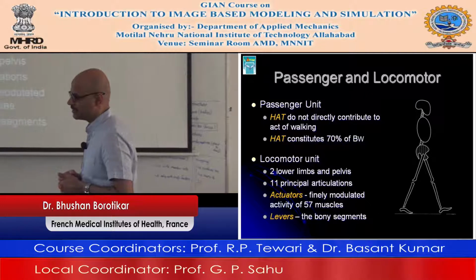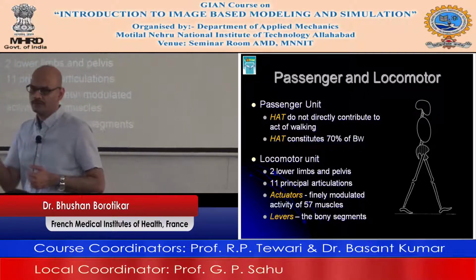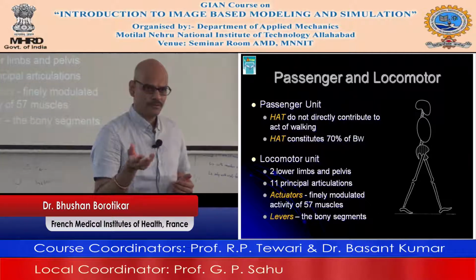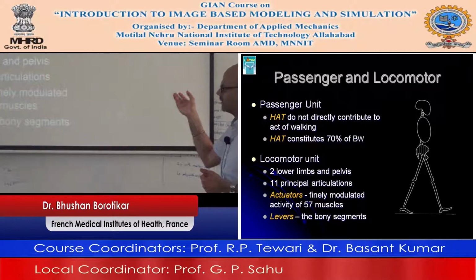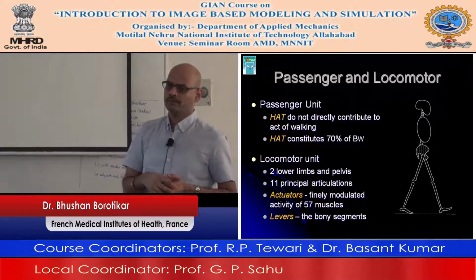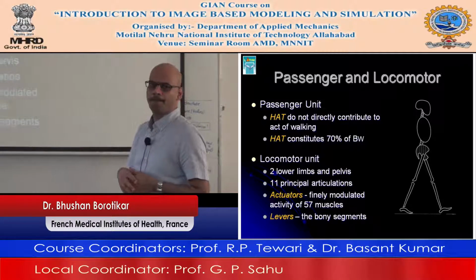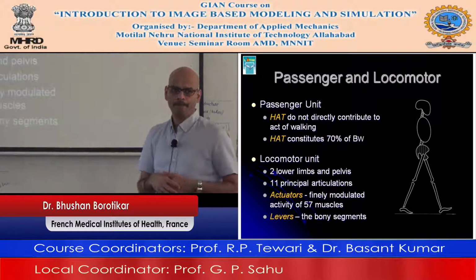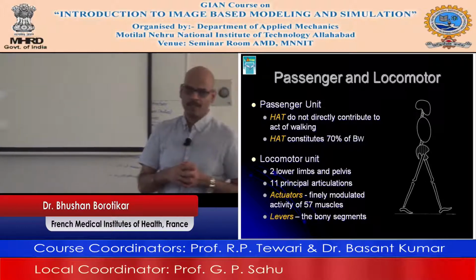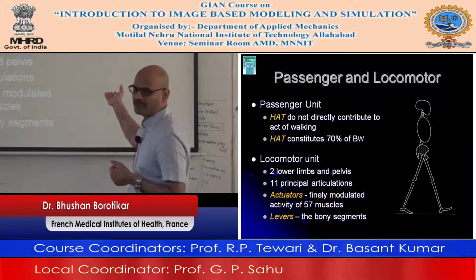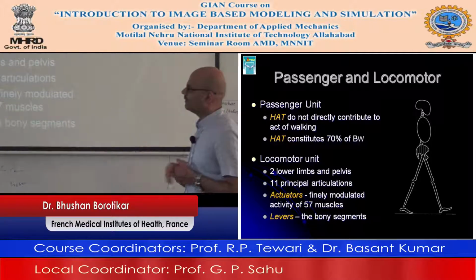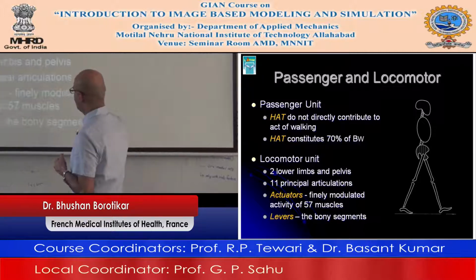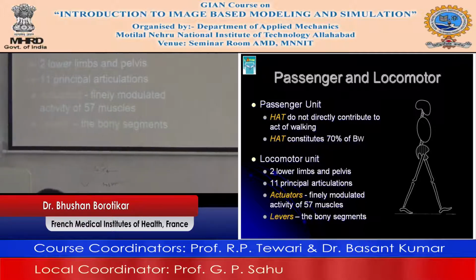What are articulations? What is an articulation? So when I say 11 articulations, what does that mean? Joints. 11 articulations means 11 principal joints working in the locomotor unit. Actuators, they are the finely related activity of 57 muscles.